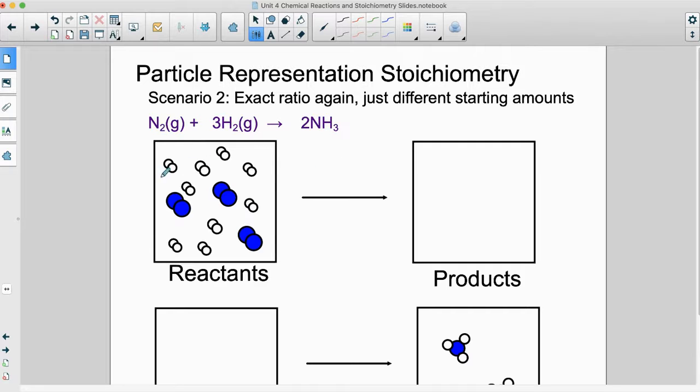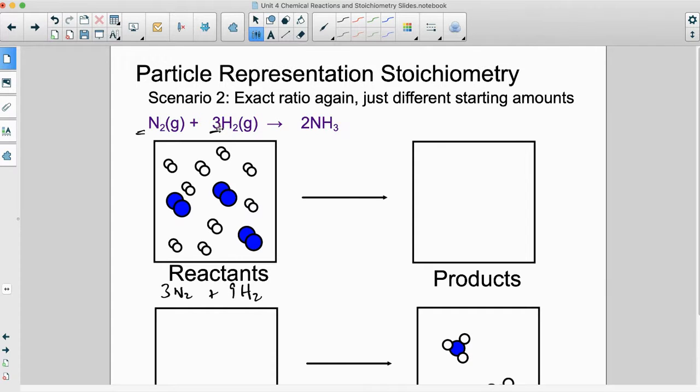Now here again, in these reactants, this time we have 3 N2s and we have 9 H2s. Again, here we have the exact ratio in a 1 to 3 relationship. 3 to 9 is the same as 1 to 3.